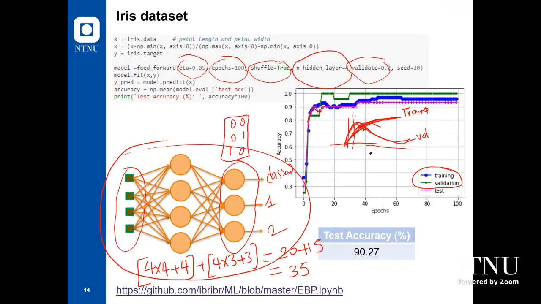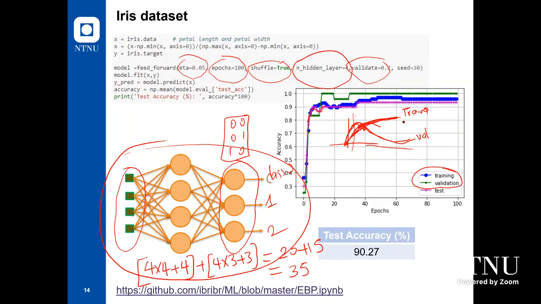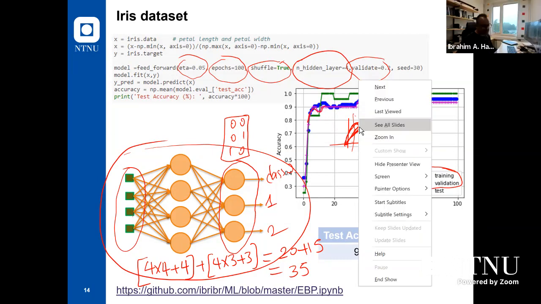Would you want to stop the training at the intersection between the training and the validation, or would you want to stop at the peak of the validation? No, before, because at the intersection, it means the accuracy is already going down, right? So we need to stop maybe one epoch before or 2 epochs before. Wouldn't you want to stop at the peak of the validation? Wouldn't that be the optimal value?